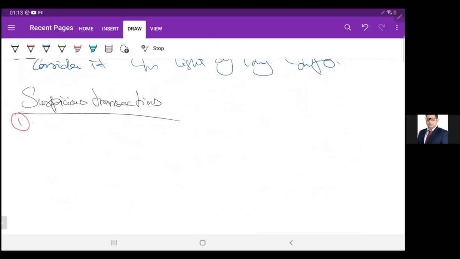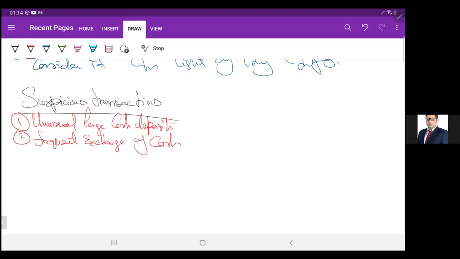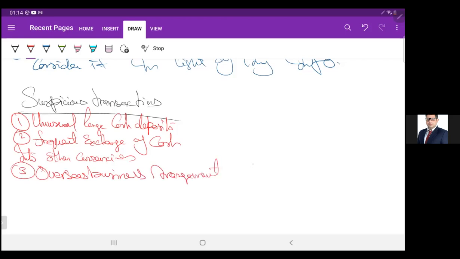So, number one, unusual large cash deposits, frequent exchange of cash into other currencies, overseas business arrangements with no clear business arrangement. Right.